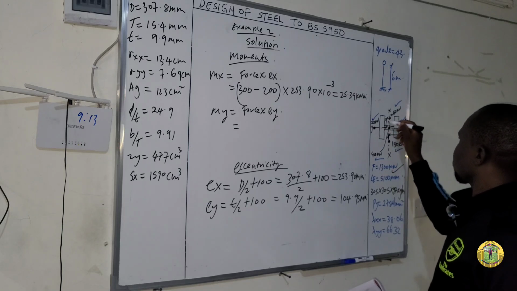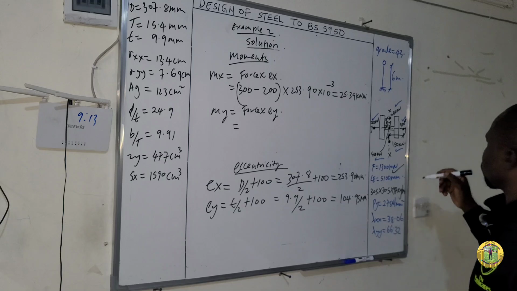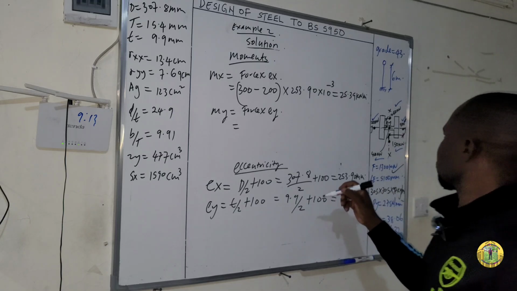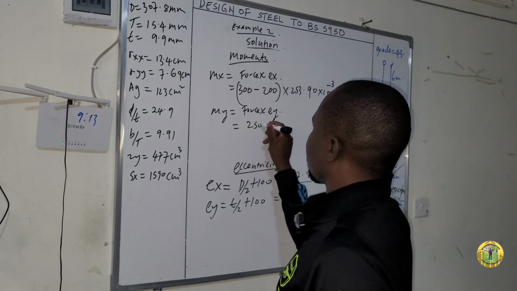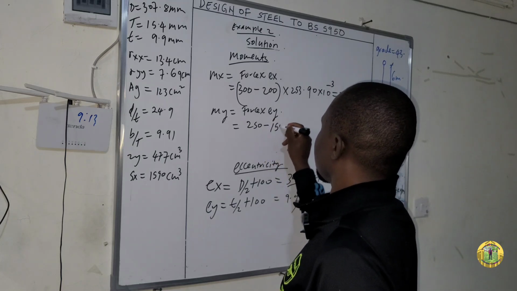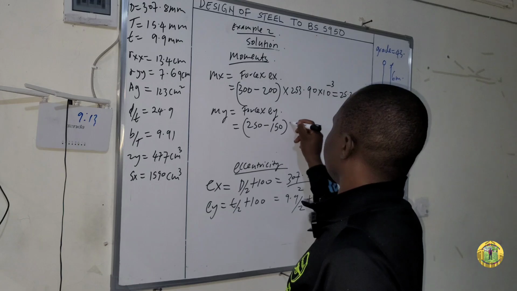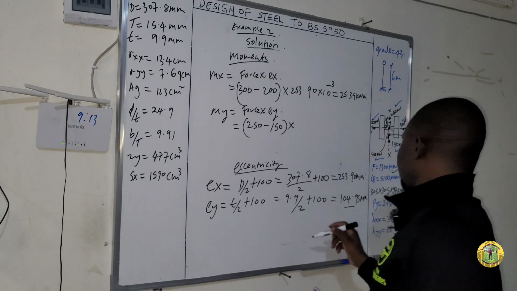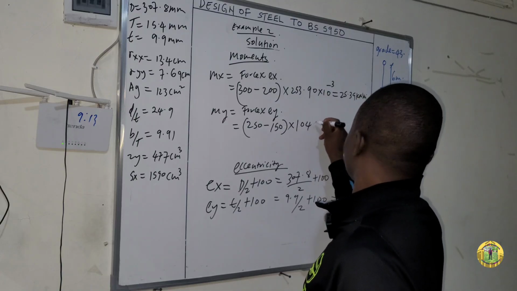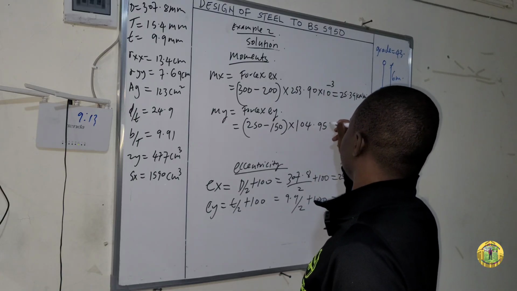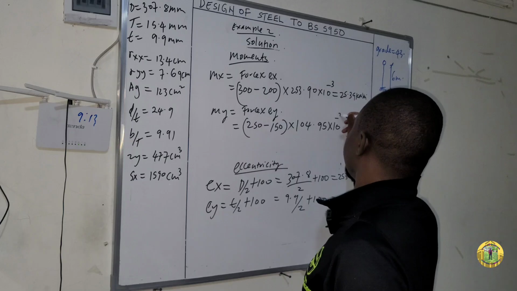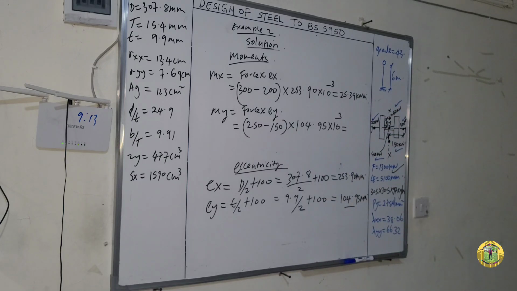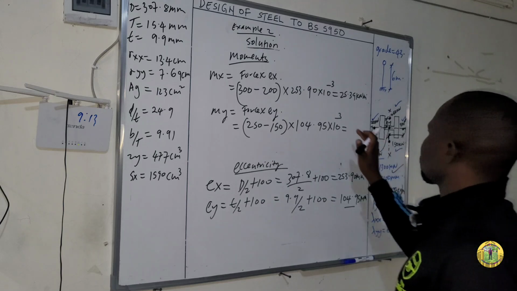The force is the difference between the loading on the YY axis, which is 250 minus 150, then times EY, which is 104.95, then multiply by 10 to the power of negative 3 to make it meters, not millimeter.